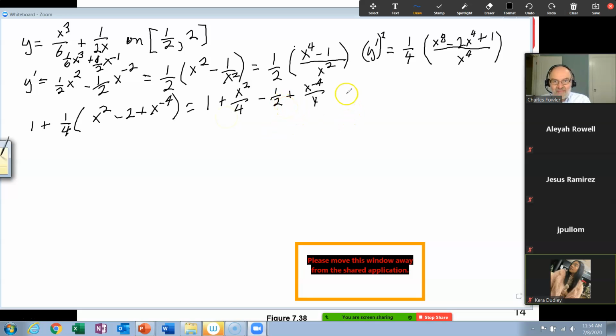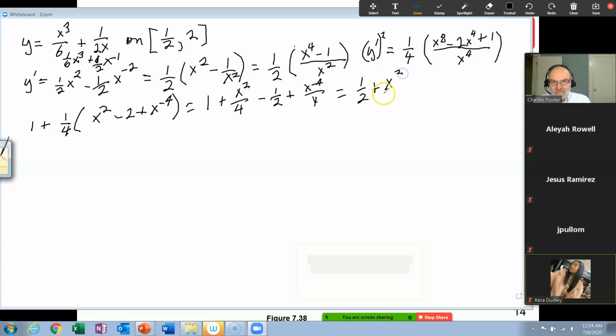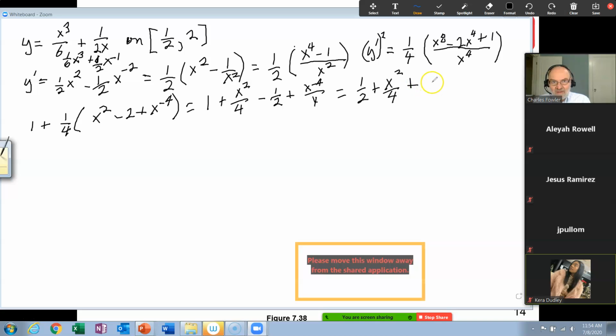So let's rewrite that way. 1/2 plus x squared over 4 plus x to the minus 4 over 4. All right, that's the 1 plus thing. That's what goes inside the radical.